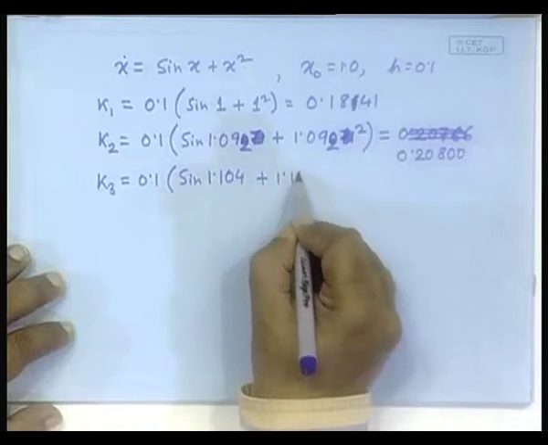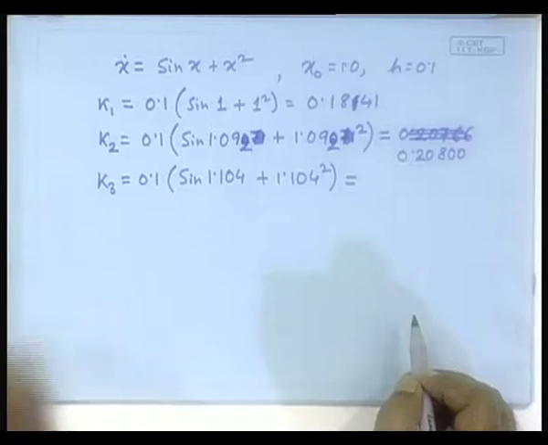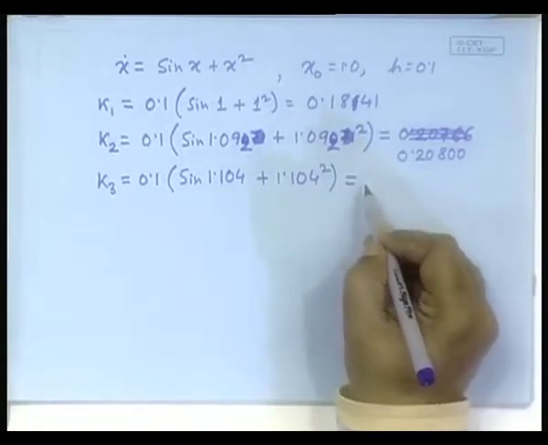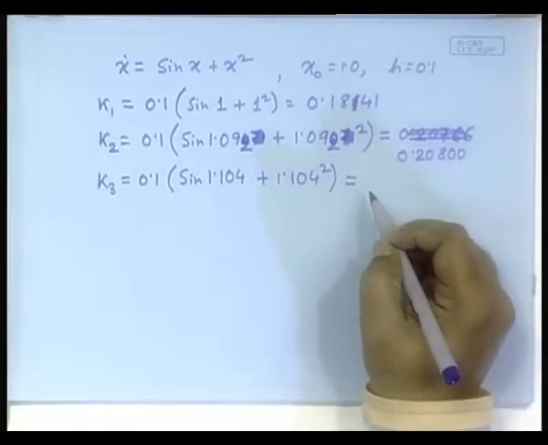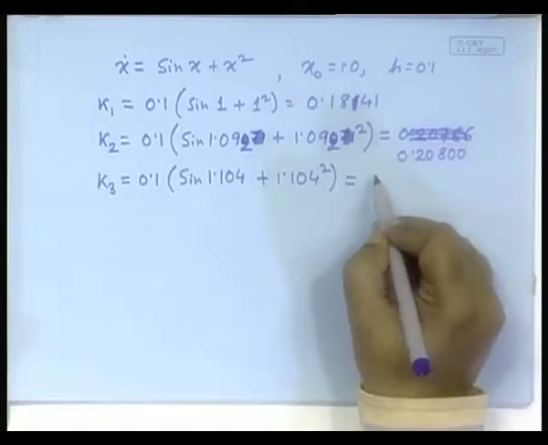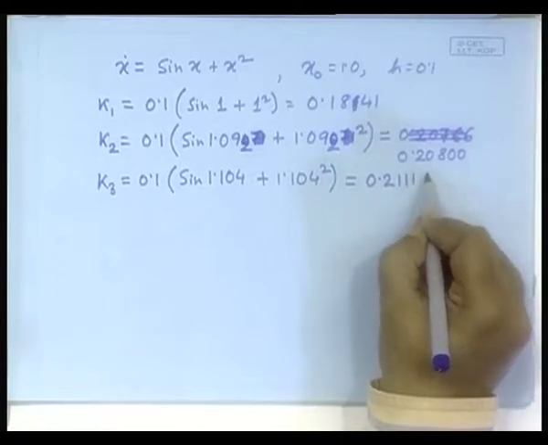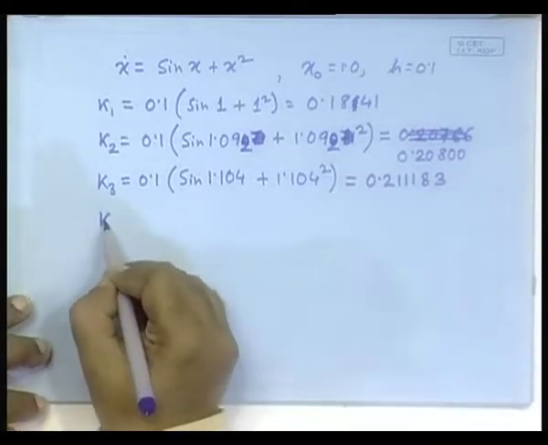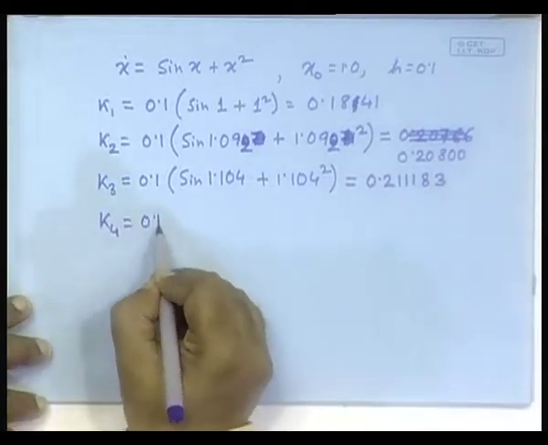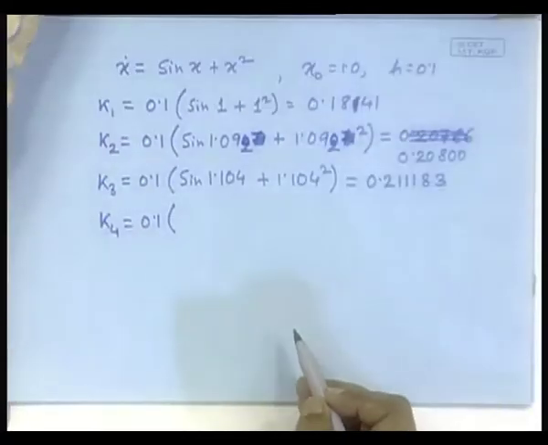Plus 1.104 square is equal to, it should be 0.21 something, right? How much does it come to be? That's okay. And your K4 is 0.1 times K4 is x naught plus K3.